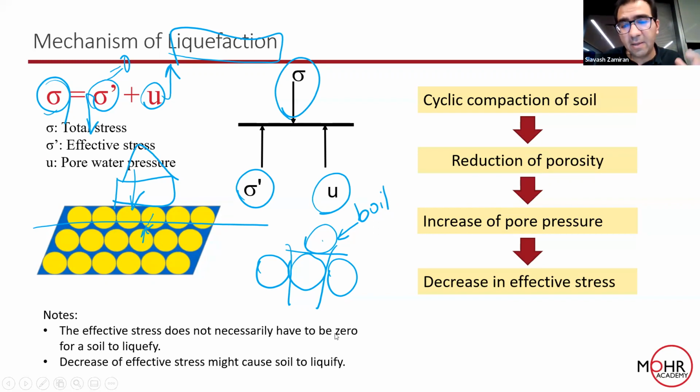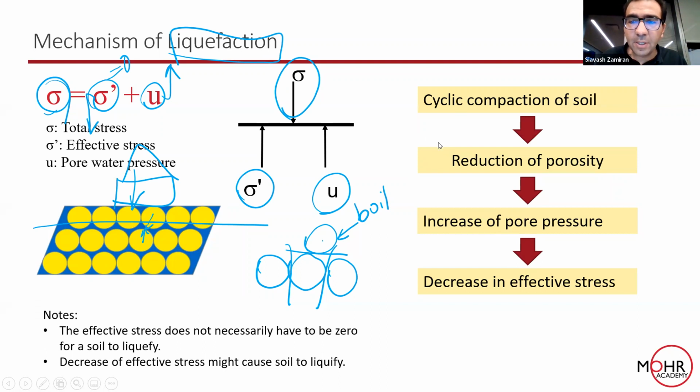A minor value, a reduced value of effective stress can still be a sign of liquefaction, or a sign that the soil is very close to a liquefaction state. So not an absolute zero is necessary, but even just a decrease of the effective stress might cause soil to liquefy. This is an important note.